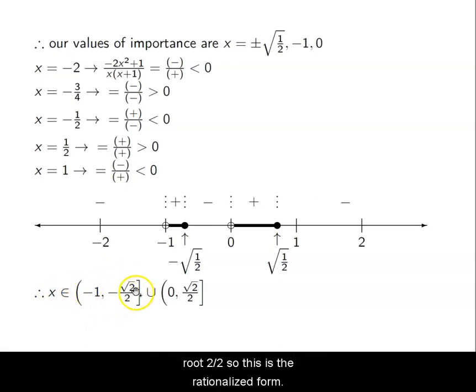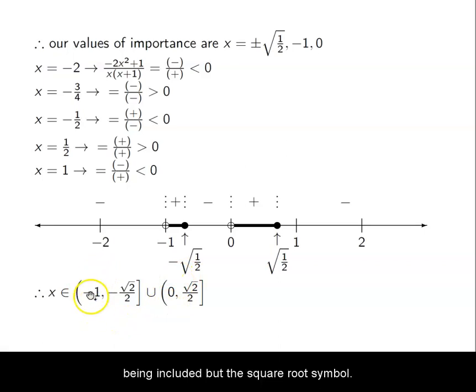So this is the rationalized form of negative square root 1/2. Okay, or inside of the interval from 0 to positive square root 2/2. 0 not being included, negative 1 not being included, but these square root values are included in my interval.